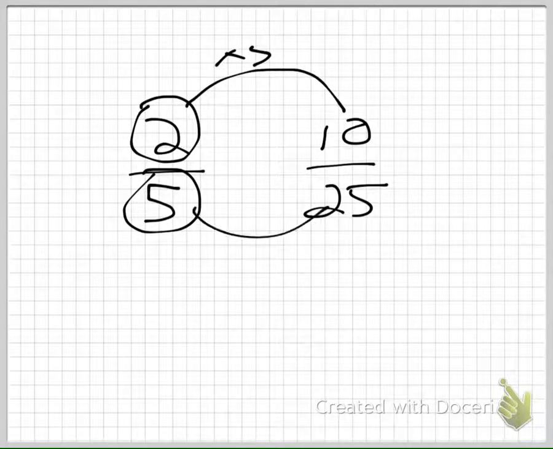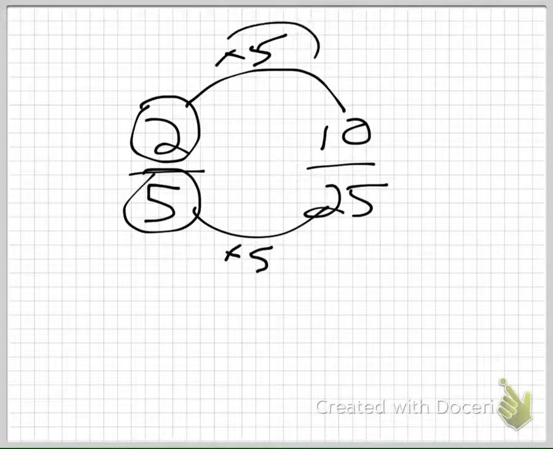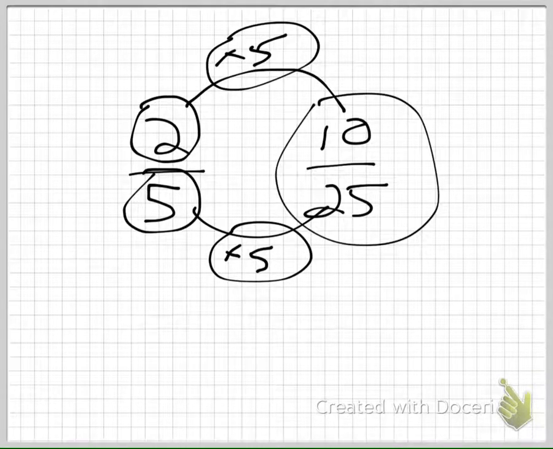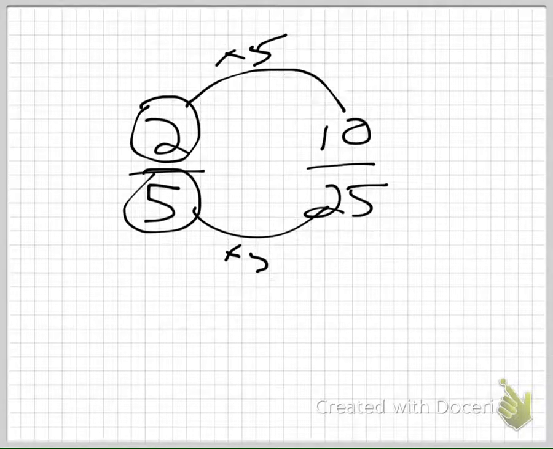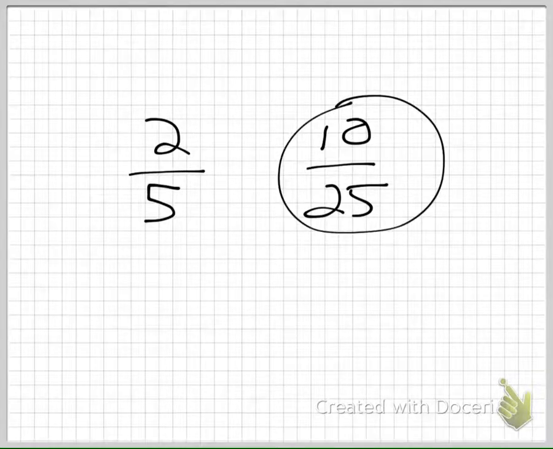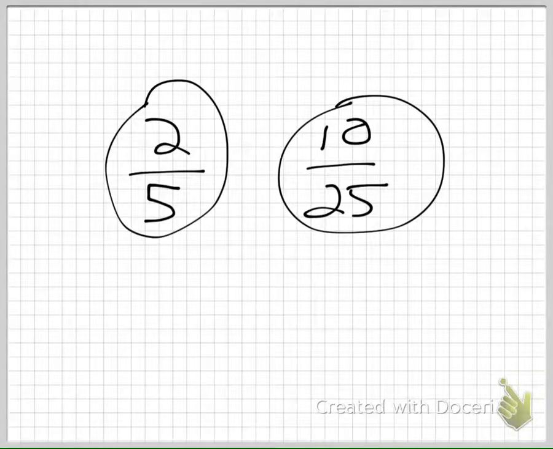Times 5, and this becomes times 5. If I multiply the top and the bottom by 5, and they do equal this, then that tells you that they are a proportion. The other way would be to just reduce it, and by reducing this, it becomes this. Does that make sense? So it will, in fact, work. Those are the simple ways of determining whether or not they form a proportion.